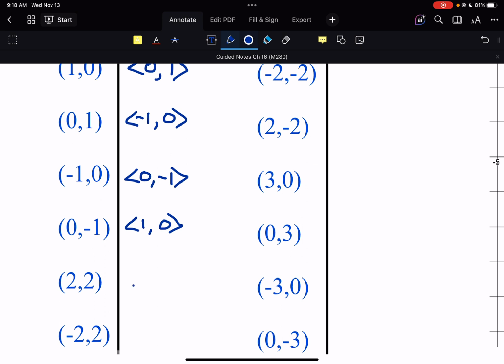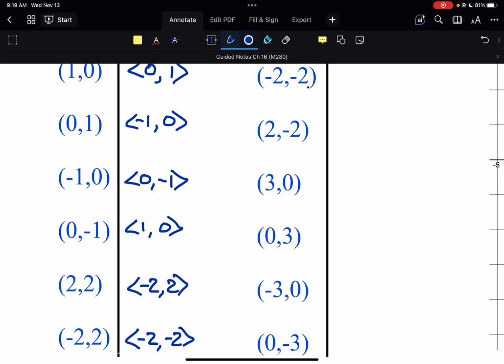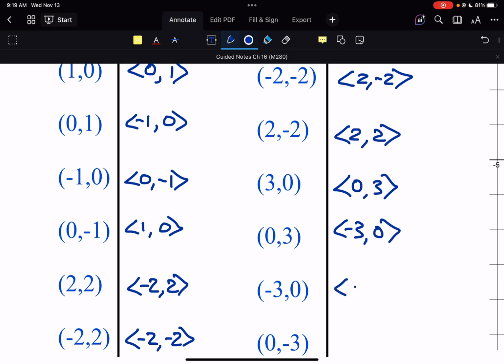We've got a few more in here: (-2, 2), (-2, -2), (2, -2), (2, 2), (0, 3), (-3, 0), (0, -3), and (3, 0).